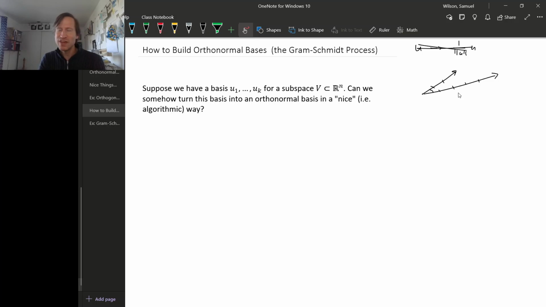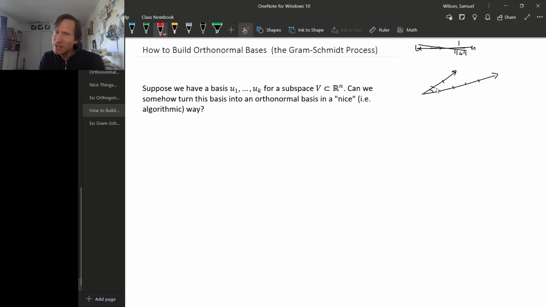Well, for these two vectors, we don't want to change their span. At every stage in this calculation, we still want to span the original space so that we end up with a basis for the original vector space. So the best we can do is add a multiple of one vector to another, because that won't change the span.